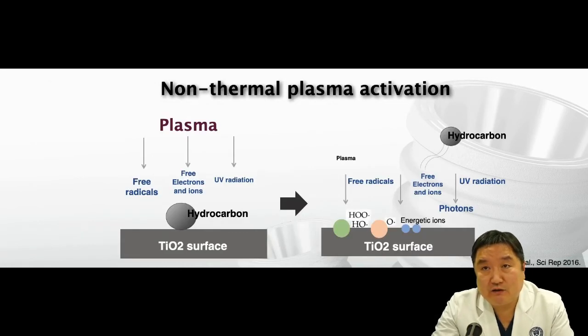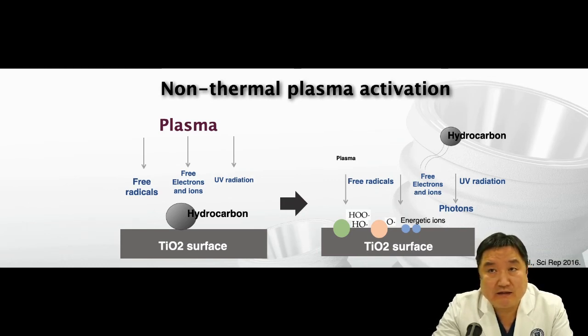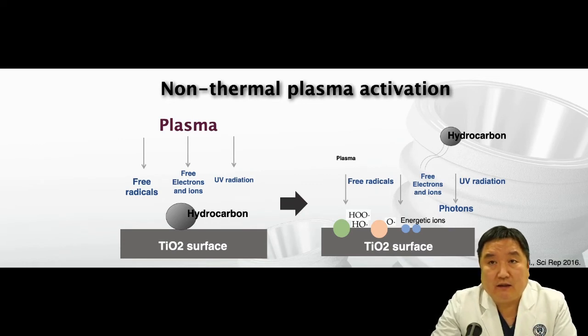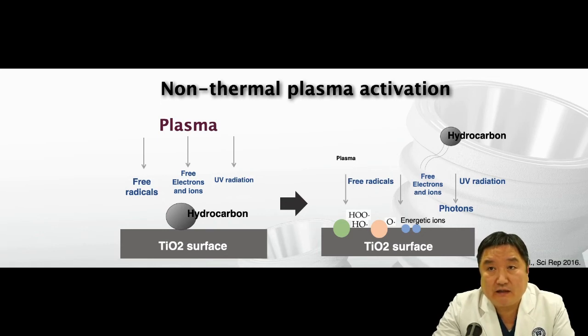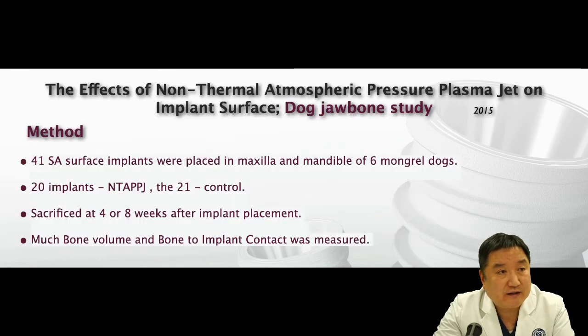Plasma depends very much on the gas being injected, but it is generally composed of free electrons, ions, free radicals, and chemically reactive neutral particles, and also UV and various visible light. These free radicals and energetic ions are distributed on the titanium surface, and several reactive oxygen species change the surface of titanium to be hydrophilic.